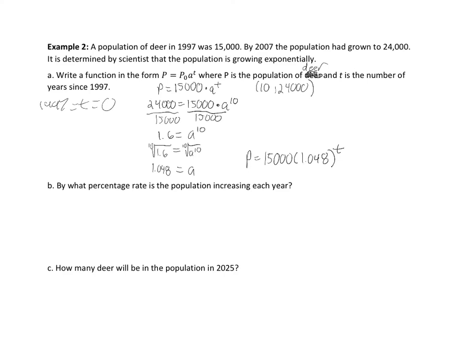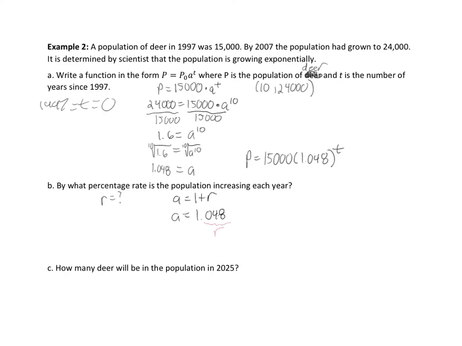So by what percentage rate is the population increasing each year? Well, the percentage rate corresponds to r. We want to think, what does r equal? Well, if a equals 1 plus r, and right now we've got a equals 1.048, then this 0.048 corresponds to r.